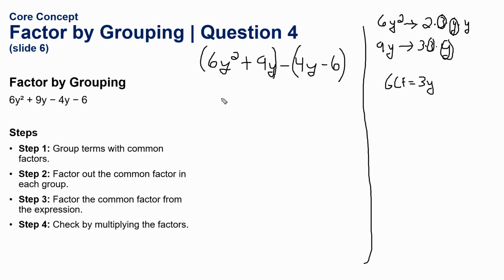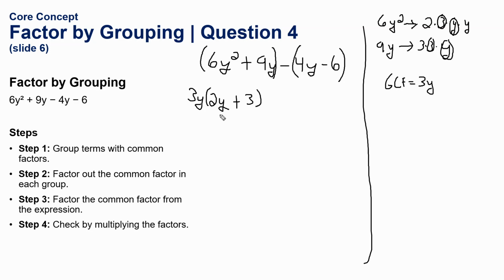So going to that first parentheses then, I can put 3y on the outside of the parentheses. This is then going to be multiplied by 2y, right? 3 times 2 is 6, y times y is y squared, plus 3. 3 times 3 is 9, y times 1, I should say, is y. That's correct.